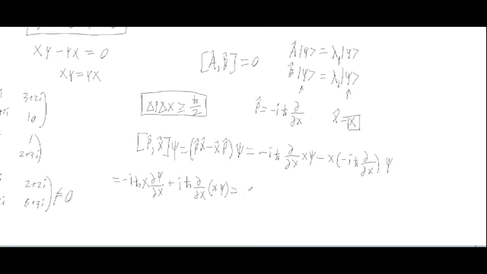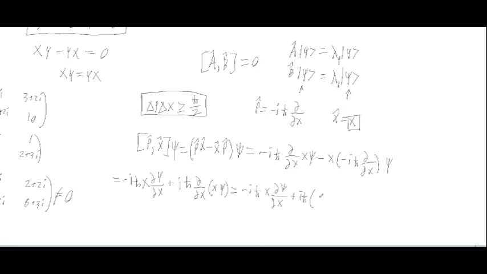So we have our minus i h bar x partial of our eigenvector with respect to x plus i h bar.